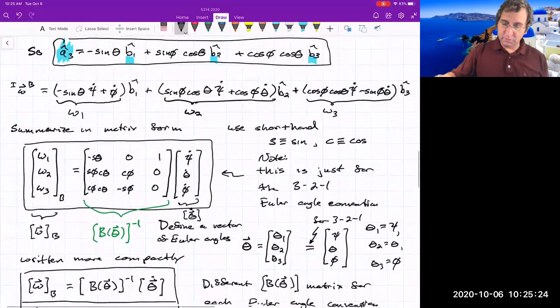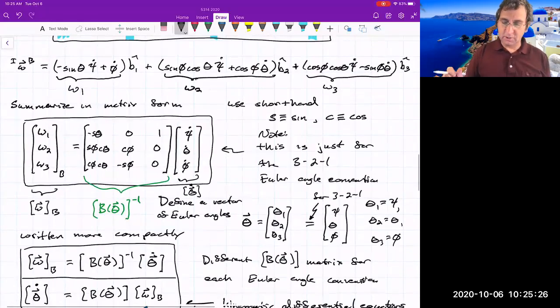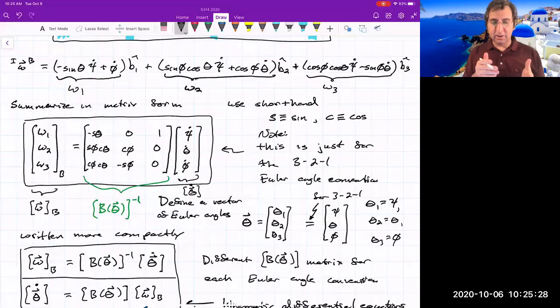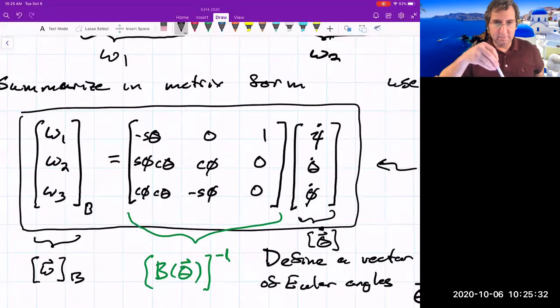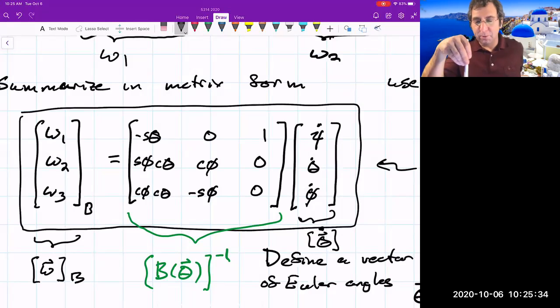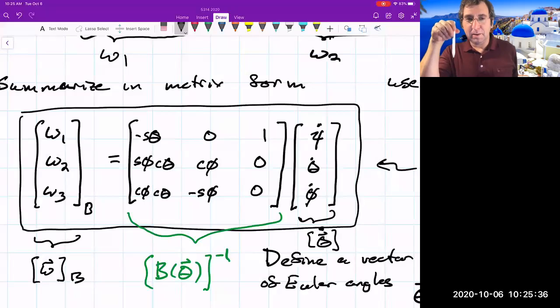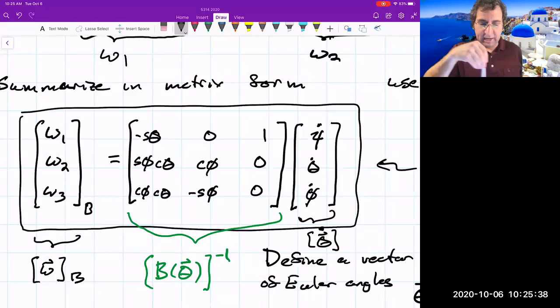The main takeaways for you are that you can write the angular velocity in terms of time rates of change of Euler angles, but they're related through this matrix that has the instantaneous Euler angles.